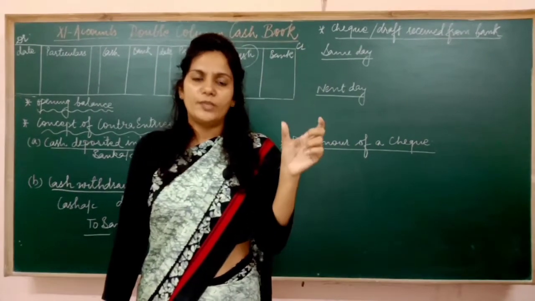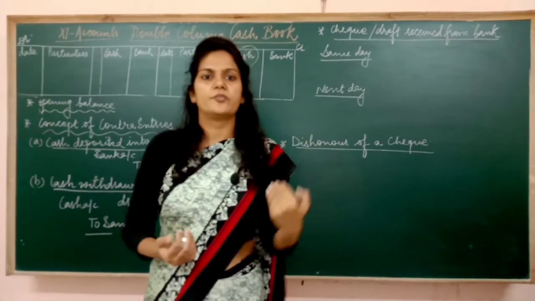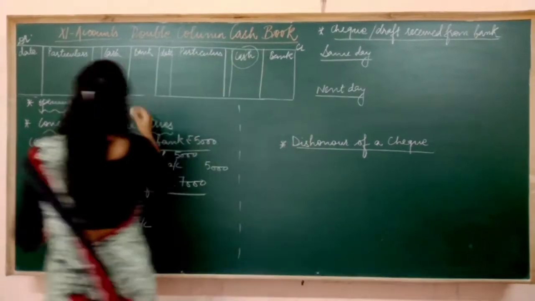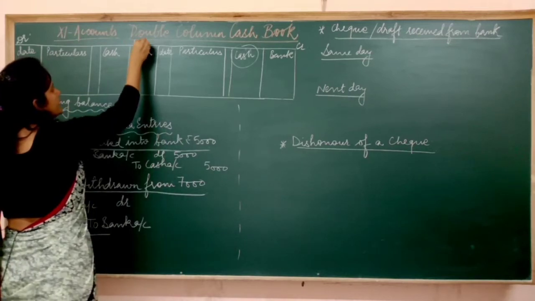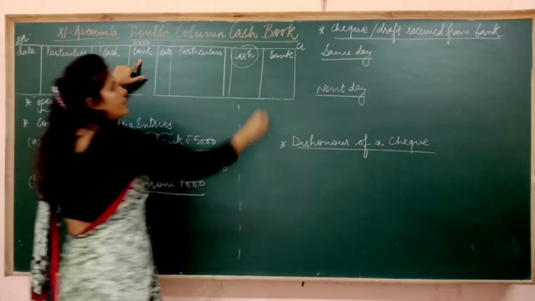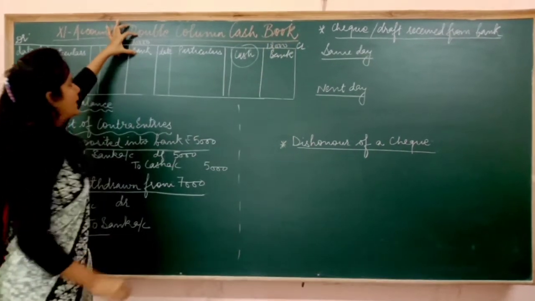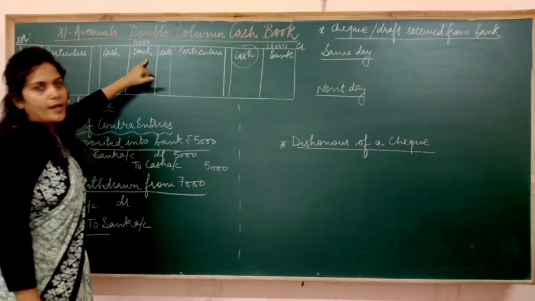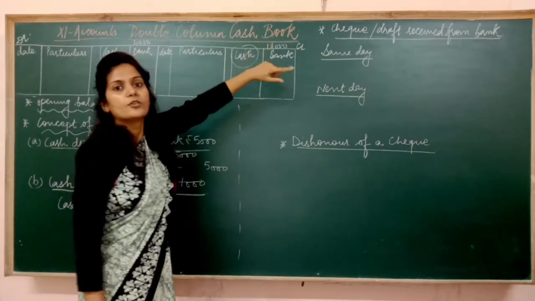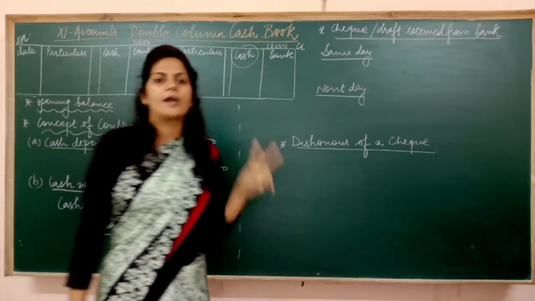Bank overdraft means when you withdraw more than the money you have in your bank. If I am writing 10,000 on the debit side, it means there is 10,000 in the bank. If I have written 12,000 on the credit side, it means you had only rupees 10,000 in the bank, but you have withdrawn rupees 12,000. So this extra 2,000 is bank overdraft.